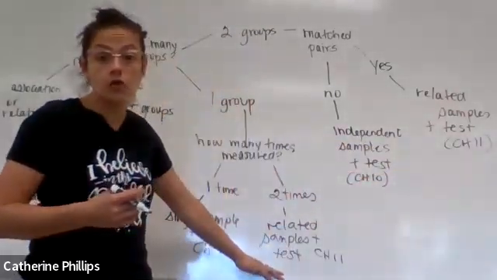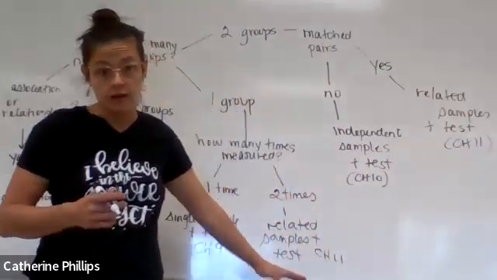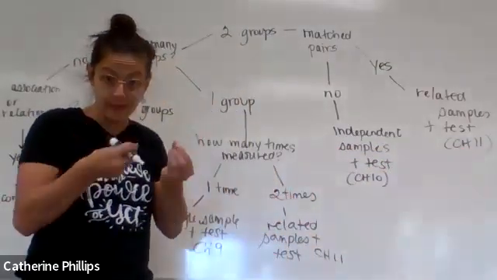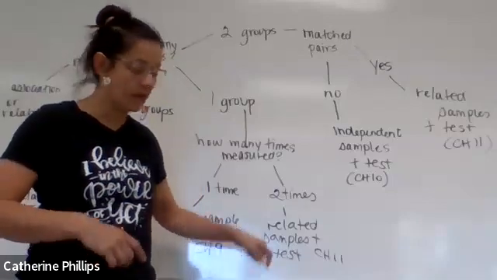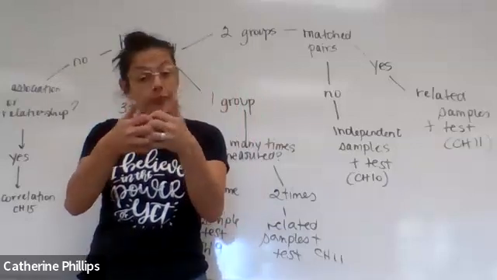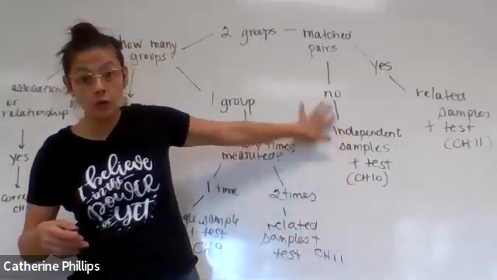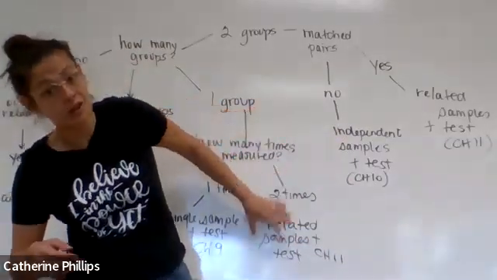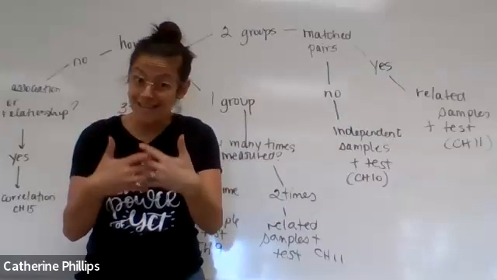So there are two ways we can get to a related samples t-test. Okay, so the data, the measurements, we have two sets of measurements, and if the measurements in one are linked to the other, they can be linked in different ways. If you have one group measured 2 times, they're linked because the people in each measurement are the exact same people.